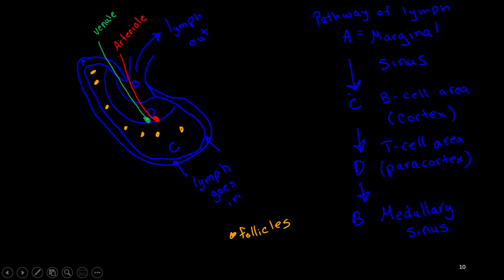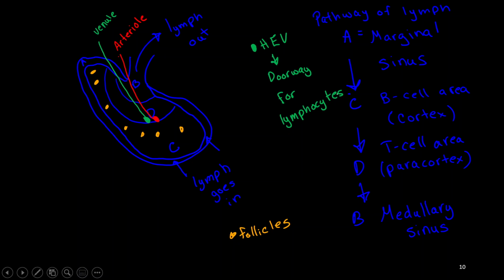Right. The little dot here that I have drawn on the end of it represents an HEV, or high endothelial venule. The high endothelial venule is essentially a doorway for the lymphocytes.